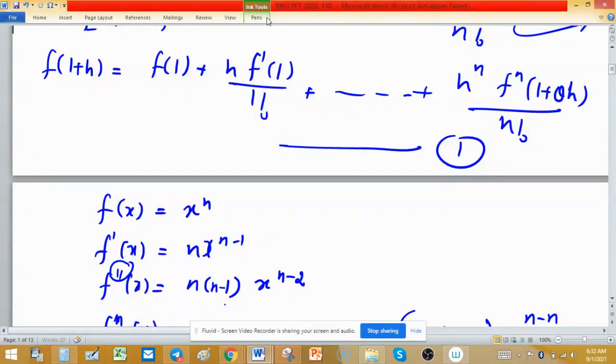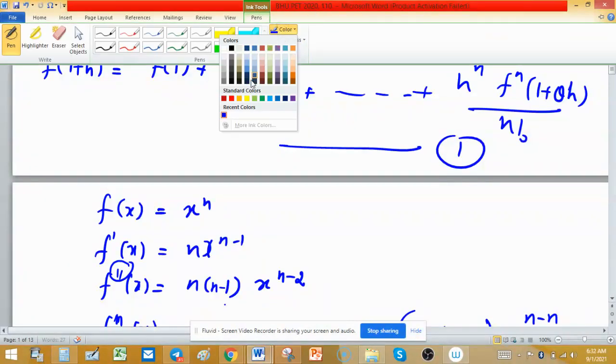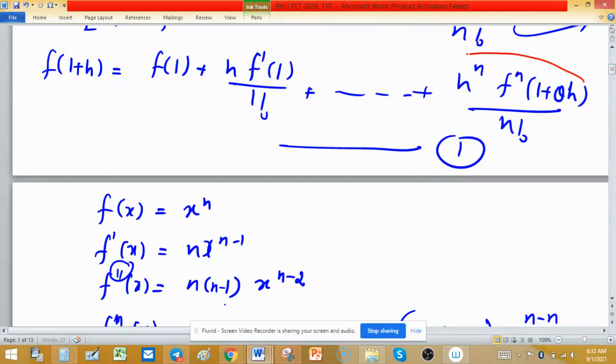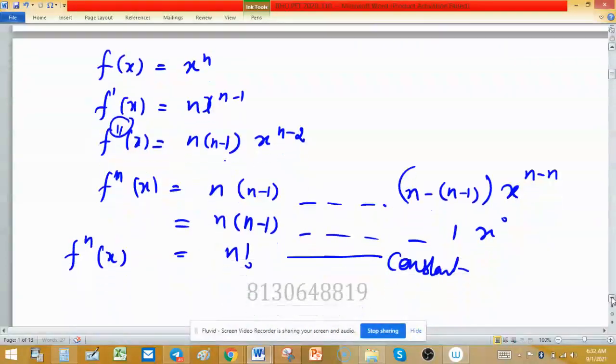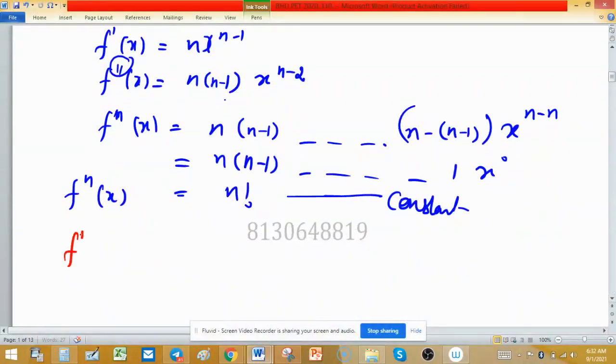So from equation 1, as you can see in the red circled part, we have to find the value of f^(n)(1+θh). Because the function is constant, f^(n)(1+θh) will be the same as n factorial. Call it equation 2.